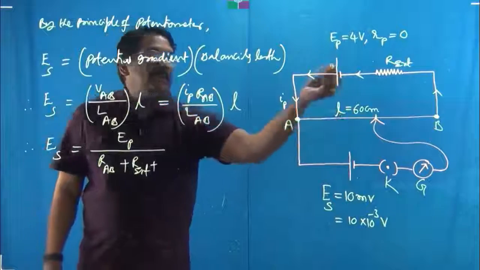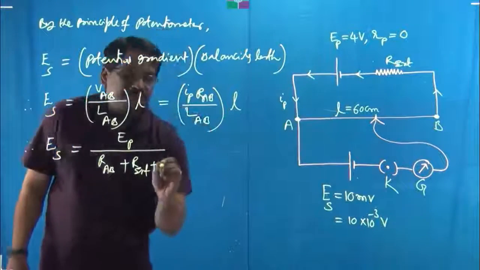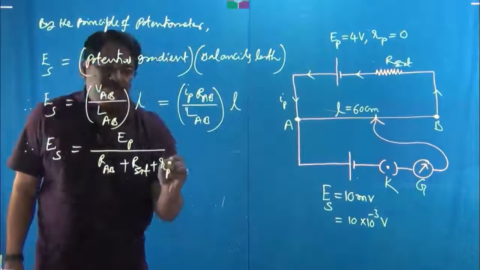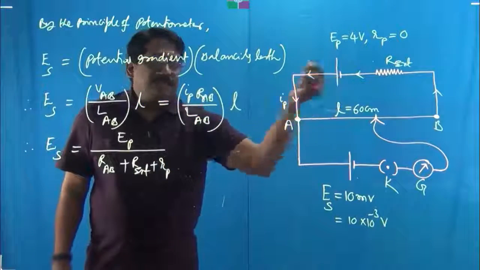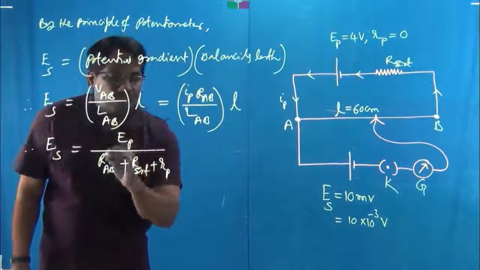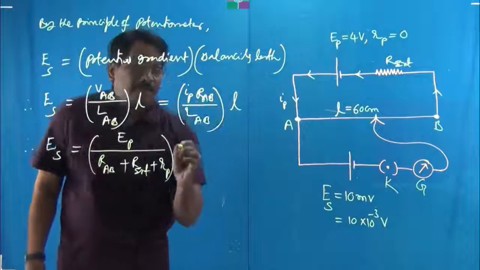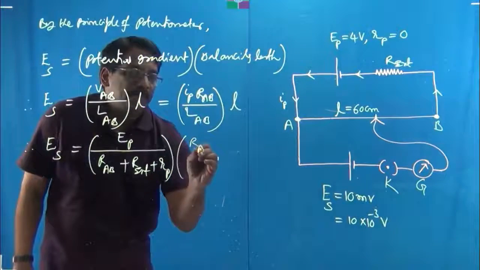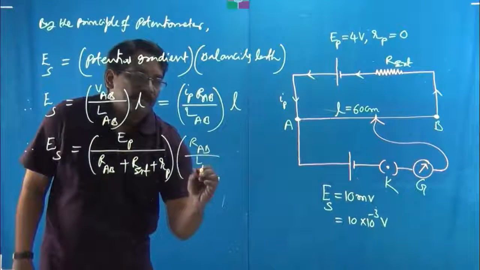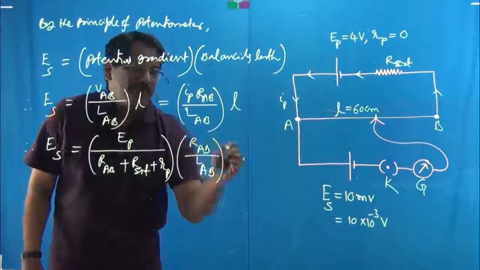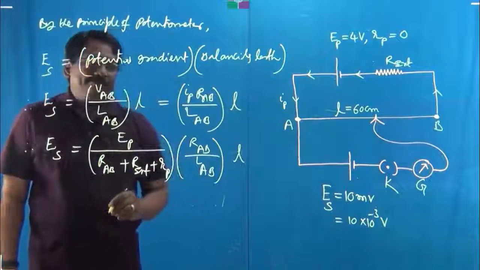plus, if at all any internal resistance is there, the internal resistance of the cell in the primary circuit. This all gives the current in the primary circuit, IP, into R of AB divided by L of AB, the total length of the wire, into balancing length.